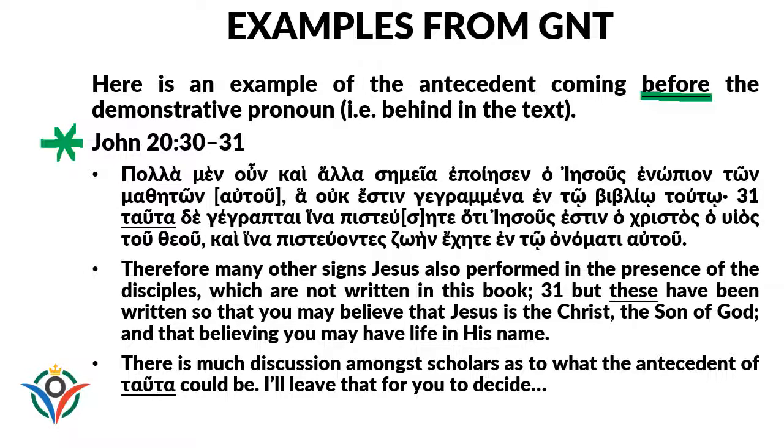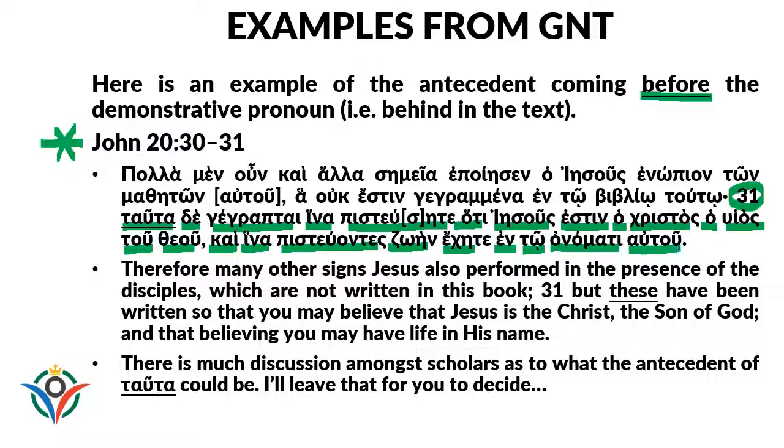And just for the sake of time, I'm not going to read the entire text. Just like to read the first portion of verse 31, where John writes, Tauta de gegraptai hina pestusete hoti Iesus estin ha Christos ha huios tu theu kai hina pestuantes zoein ekete en to onomatai autu.